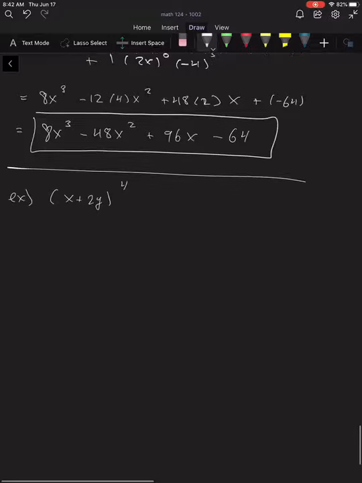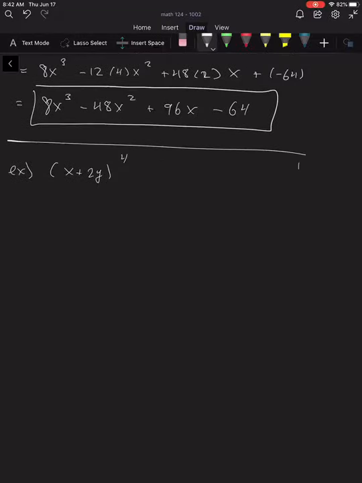Okay, so we're looking for the fourth power. Let's draw out the triangle again real quick. So we have 1; 1, 1; 1, 2, 1; 1, 3, 3, 1; 1, 4, 6, 4, 1. And this is for a 0 power, a 1 power, a 2 power, a 3 power, and a 4 power. So ours is a 4 power, and the row we're going to look for is this row.